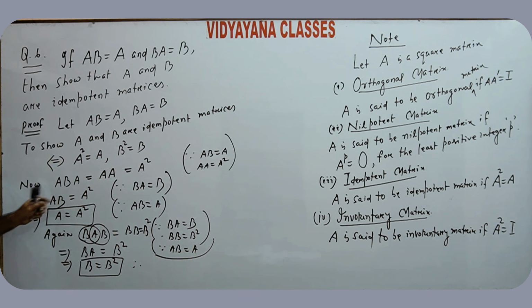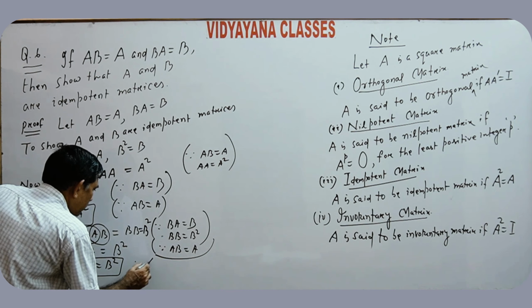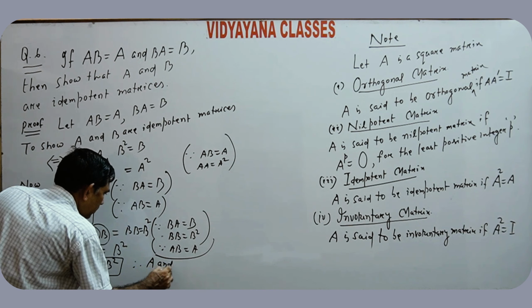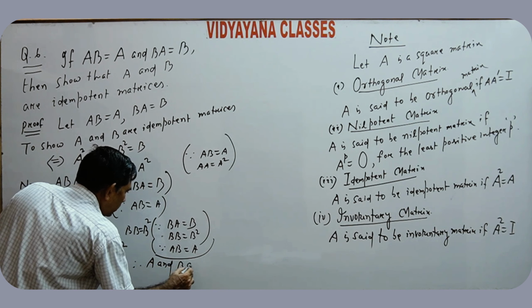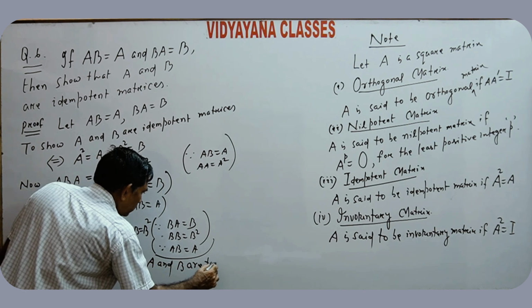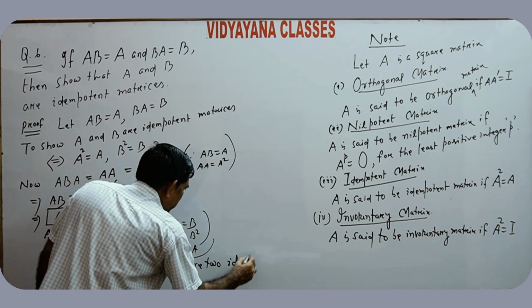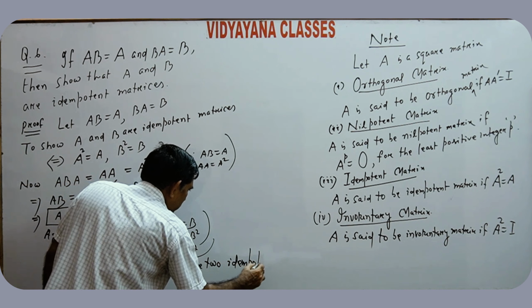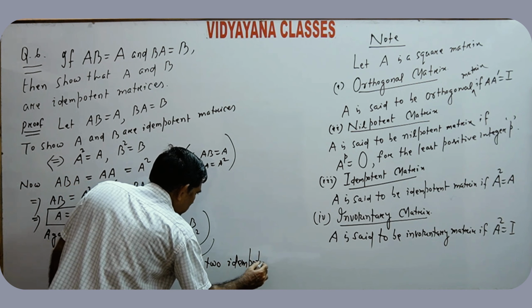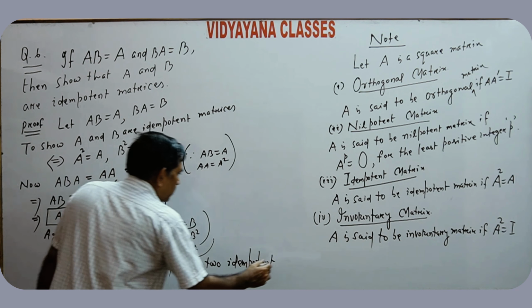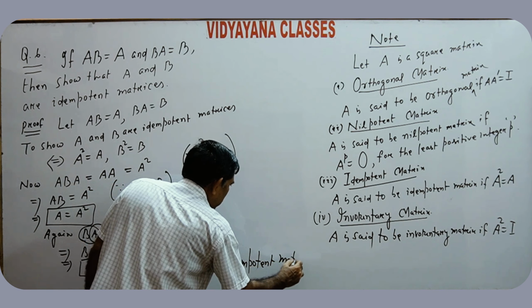Therefore, A square is equal to A and B square is equal to B. Therefore, A and B are two idempotent matrices.